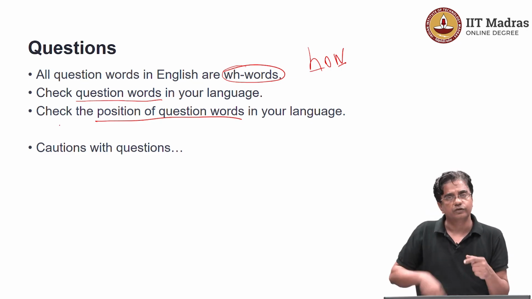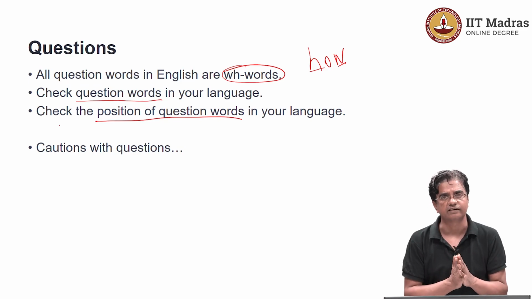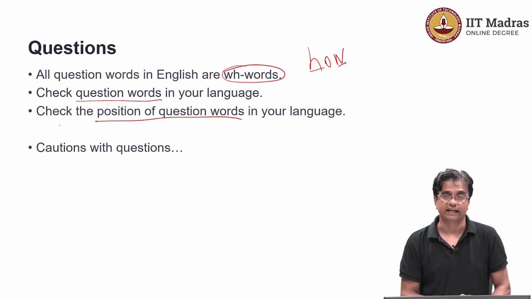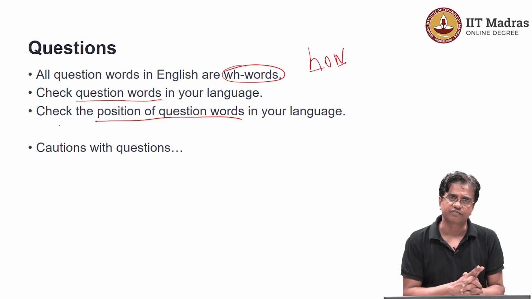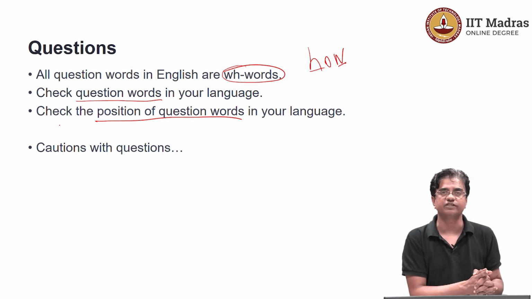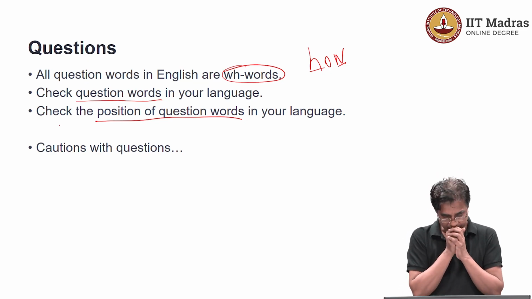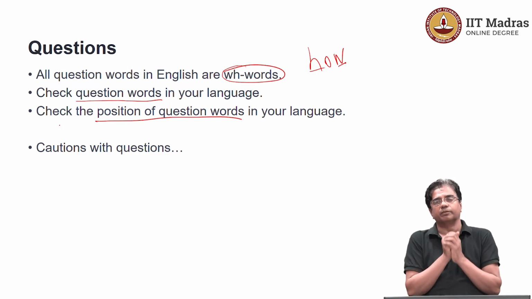So you will see a striking difference between the languages that you speak and English, that tense gets fronted in English, and question words occur in the initial position of the sentence, unlike our languages. And that becomes a critical part.